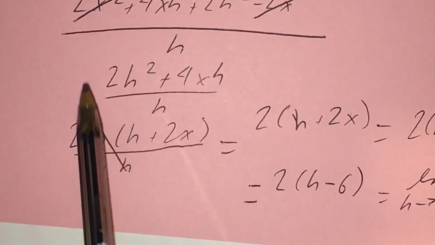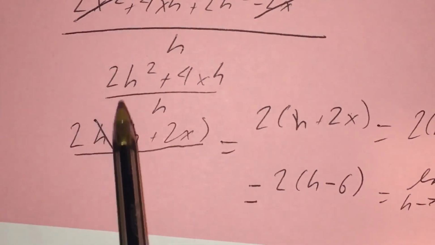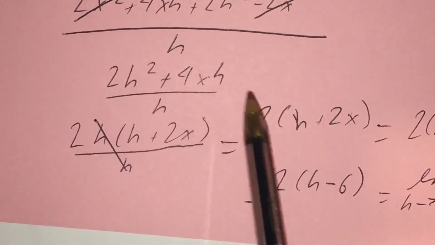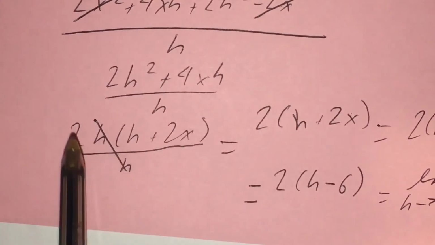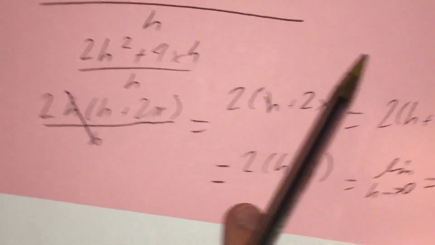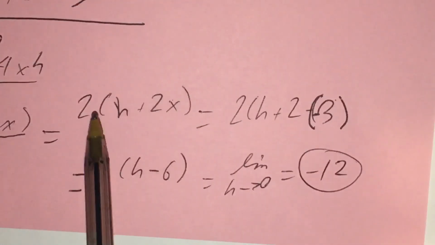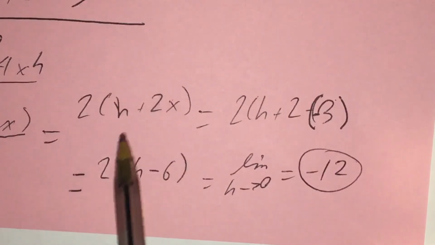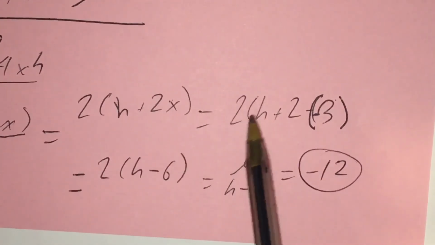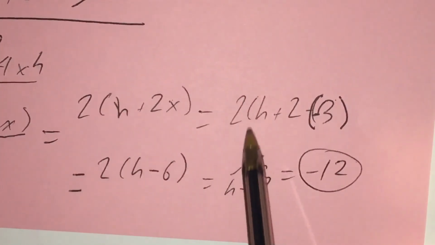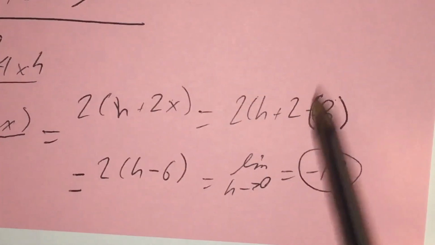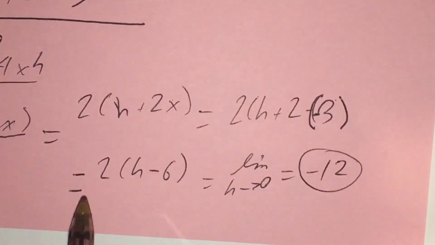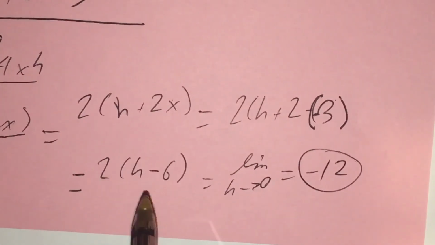Next, you get everything down, and it's 2h squared plus 4xh over h. You can take out a 2h, and the h's cancel, and that becomes 2 times h plus 2x, and then you can factor that out further by making it 2 times h plus 2 times -3, and that equals 2 times h minus 6.